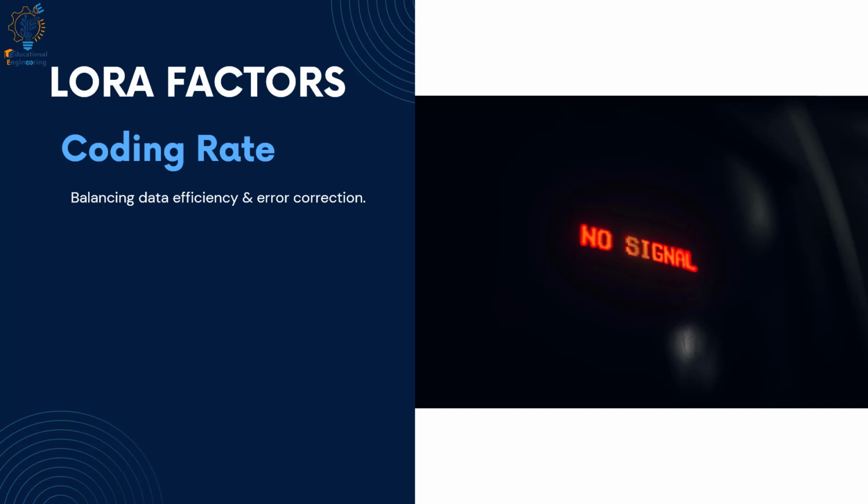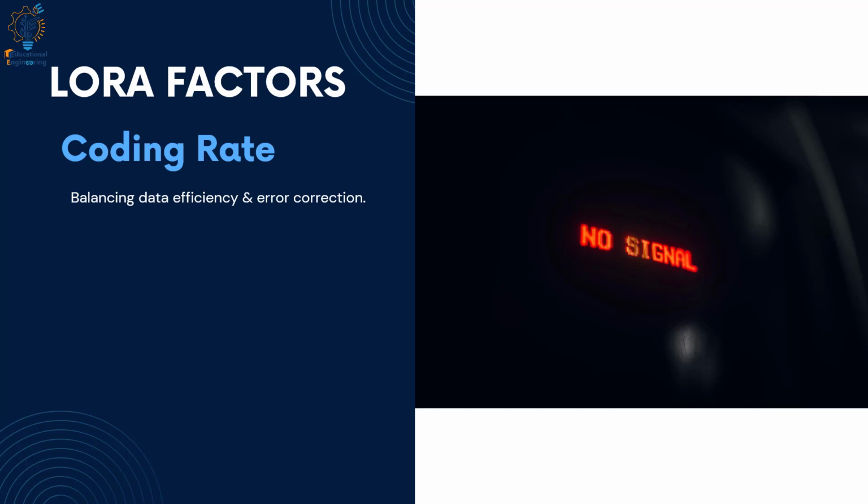You can either write the message in full detail, high information content, but risk errors during transmission, or you can add redundant codes for error correction at the expense of some message space, meaning lower information content. Coding rate in LoRa works on a similar principle.